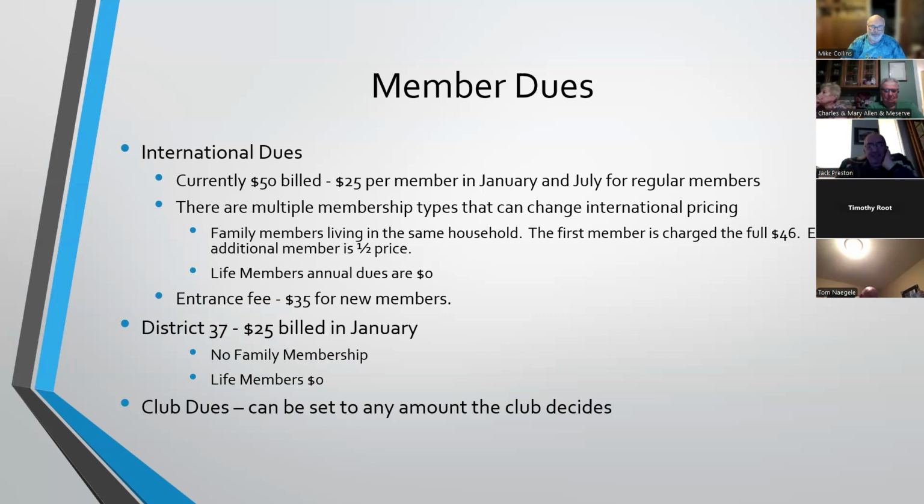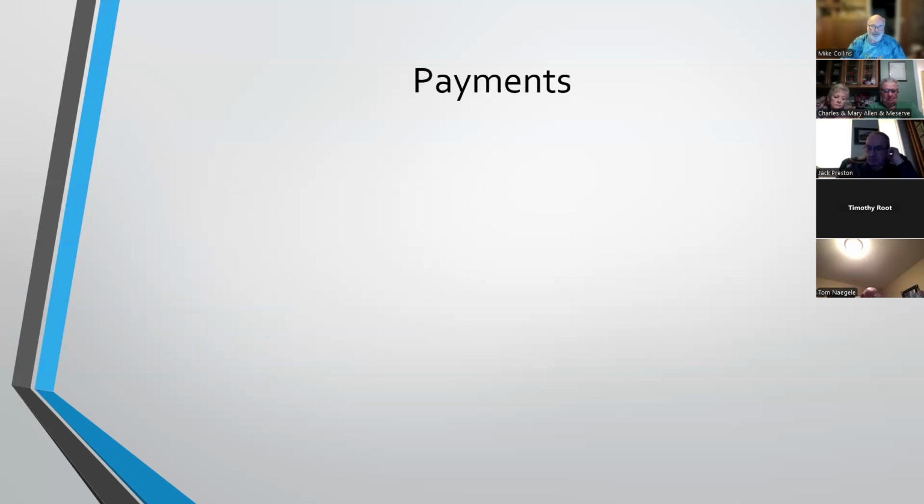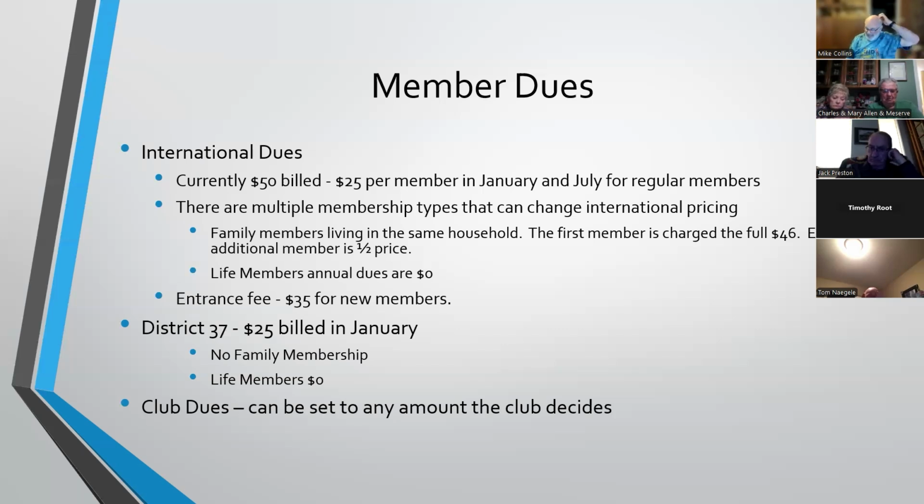So now the club dues. This is where you can help your administrative account. You can charge anything you want or nothing, but you have to make sure you somehow fund that administrative account. For example, our club's total dues have been $84 a year.